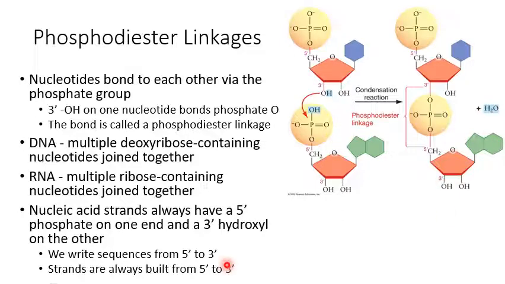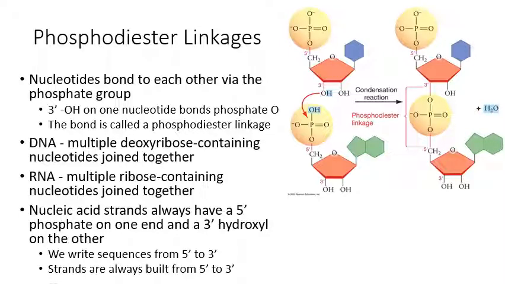And that's because of the way that enzymes are able to link nucleotides together. You always have to start with a 3' hydroxyl, and then you can add the phosphate group of another nucleotide to that. You cannot start with a phosphate group and then add a 3' hydroxyl to it. There's no enzyme that can do that inside of the cell.